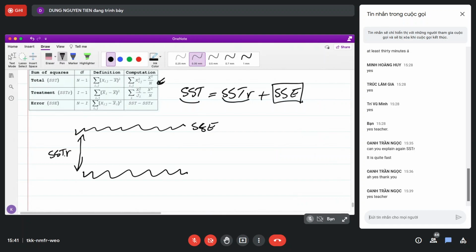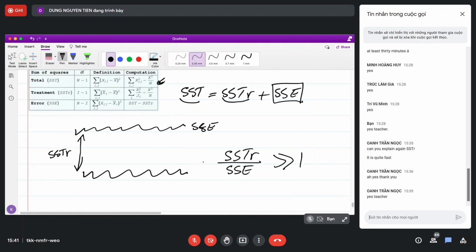If the treatment sum of squares is not too big compared to the error sum of squares, then we think that the groups could be the same. Understand? So you want to compare the ratio SSTR over SSE with 1. If that is too big compared to 1, then we conclude that the groups are different, the means are different. If it is not too big, then the means may be the same.